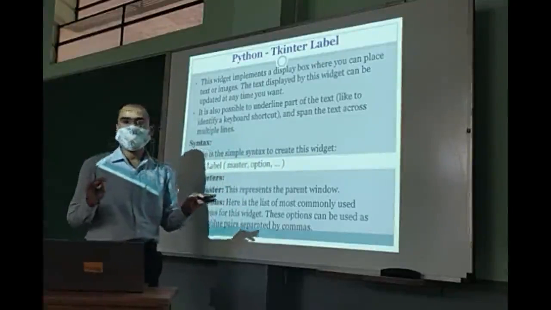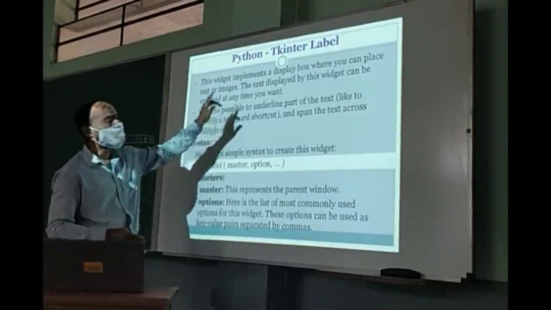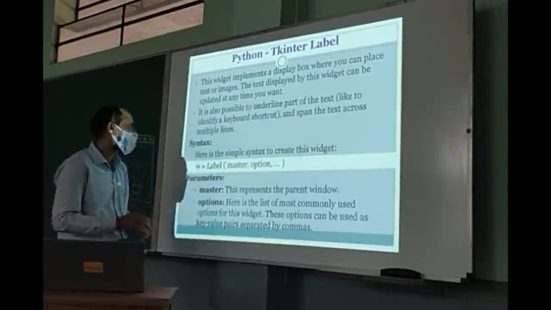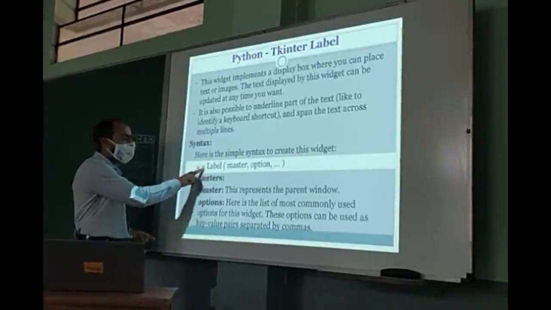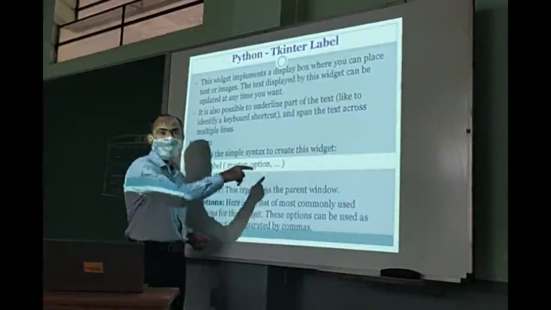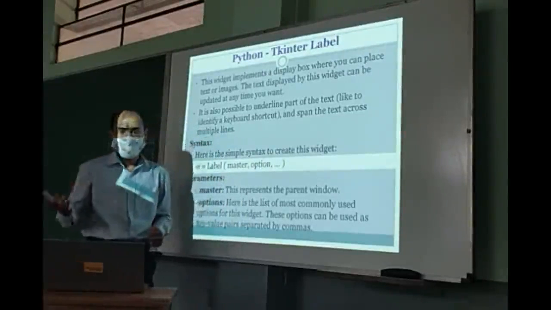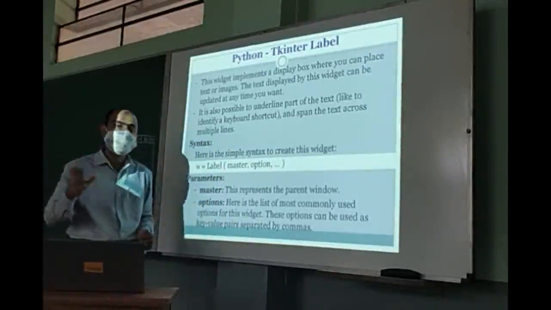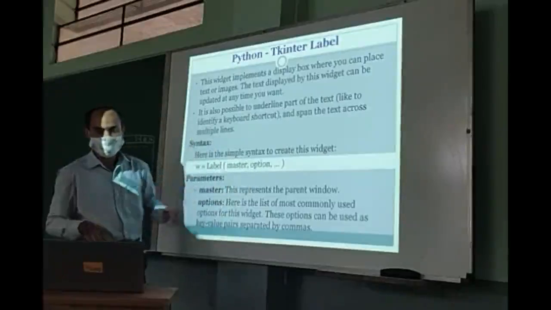How to create a label? The syntax is again similar: w equals Label, and again we have to pass master, the parent, and options. There are many different options associated that we can pass.